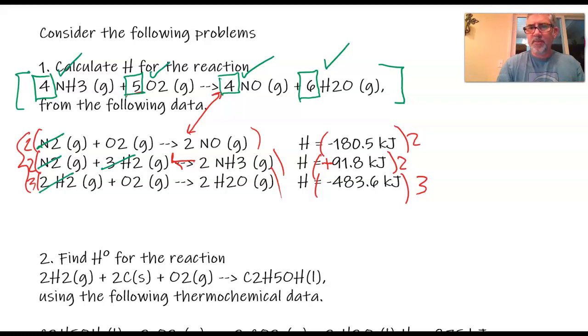All right? So just go ahead and add those up. So I have a negative 180.5 times 2.